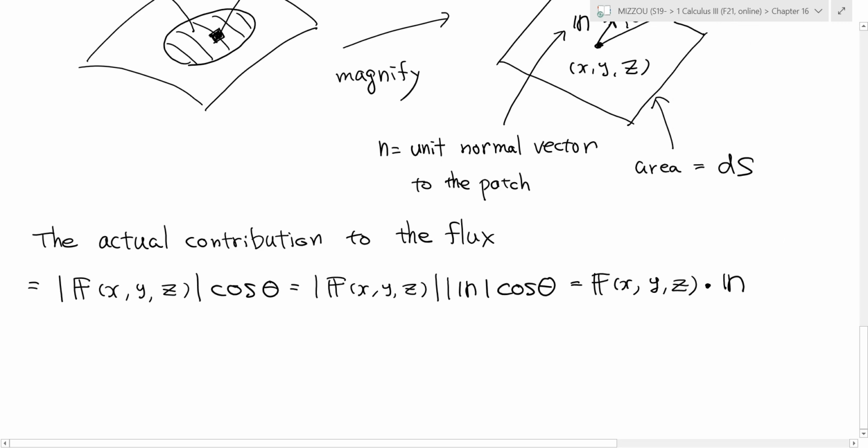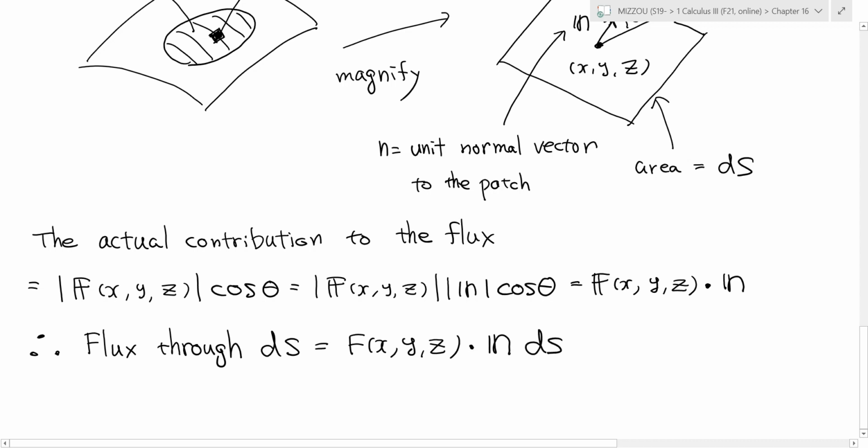So therefore the flux through dS is equal to F(x, y, z) dot n times dS, because this is the amount of flow per area, and this is the area.